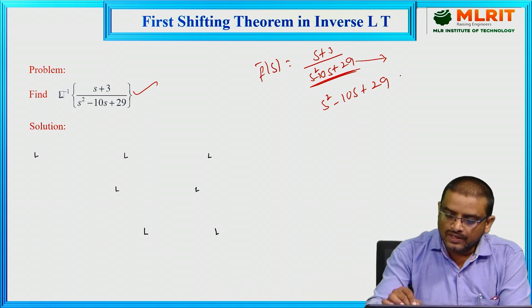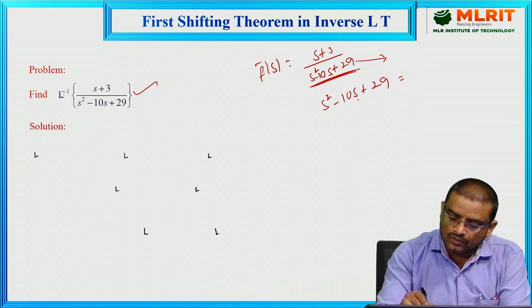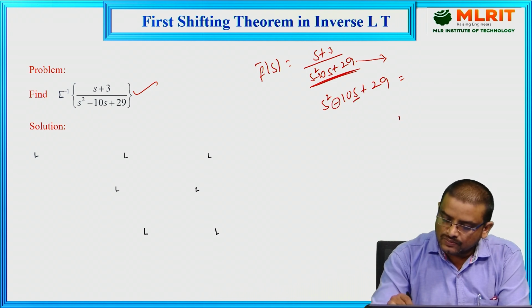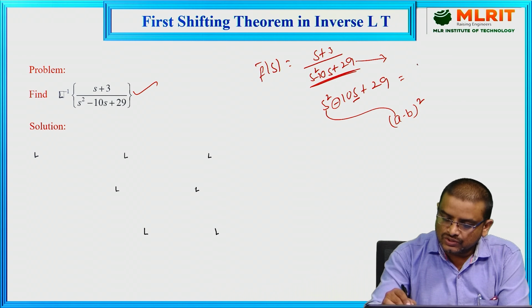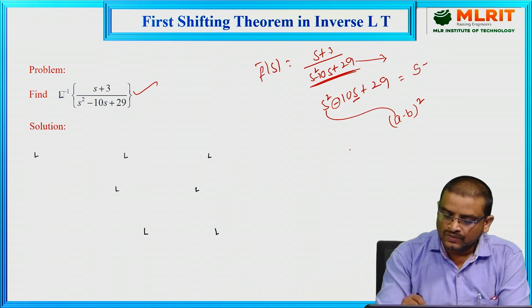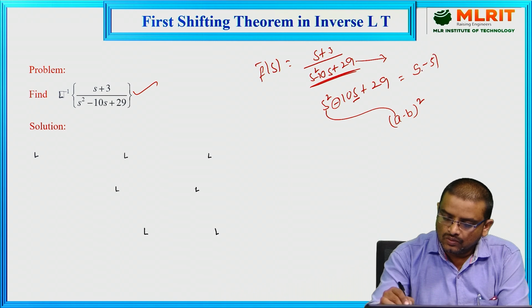So now immediately what we have to do is, for the coefficient of s we have a negative sign, so we apply the (a minus b) whole square formula. Here a is nothing but s, so s minus, and how do you get this? You take half of the value: half of 10 is 5, whole square.